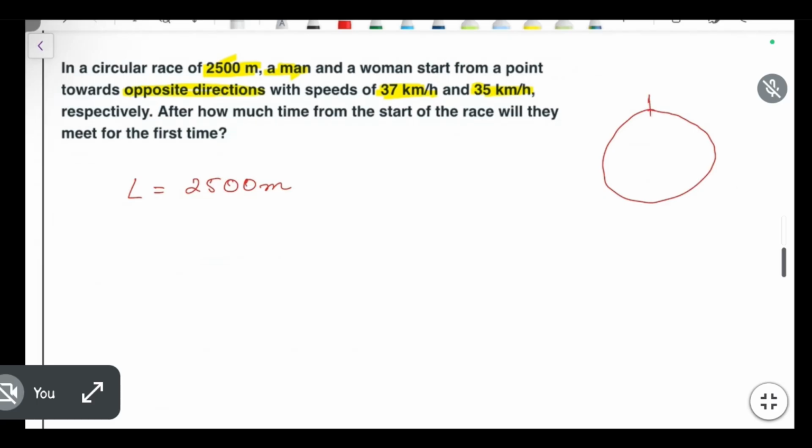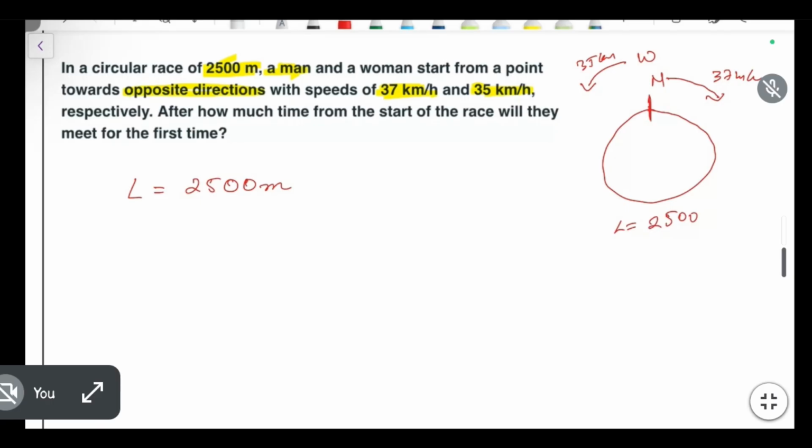There's a circle here which is of length 2500, and it is given that a man and a woman, let's say if a man is traveling this side, the woman is traveling this side, because they are traveling in the opposite direction. At a speed of 37 kilometer per hour and 35 kilometer per hour.